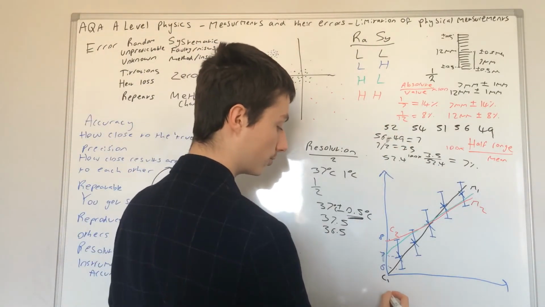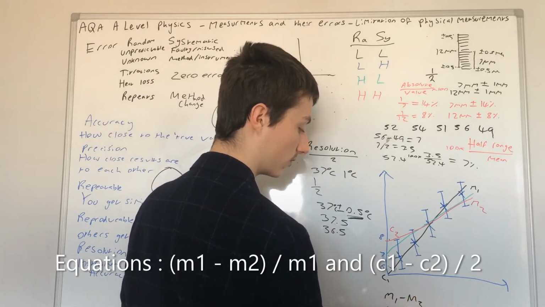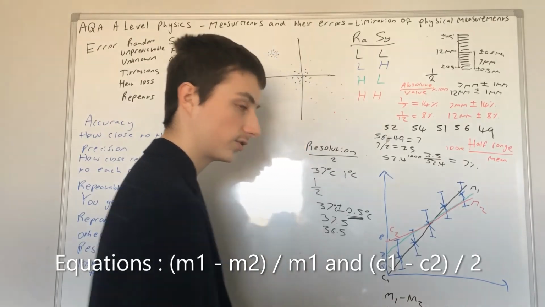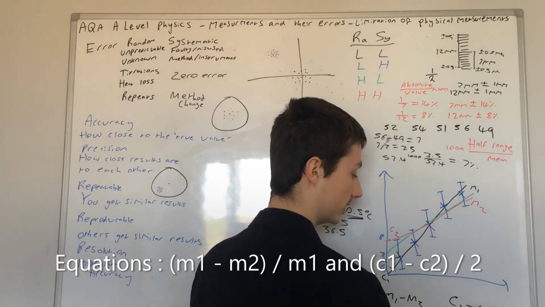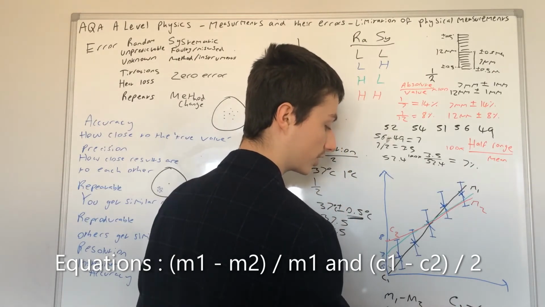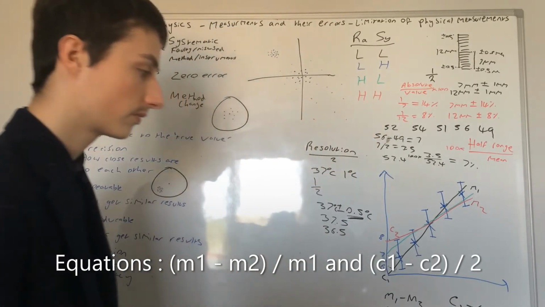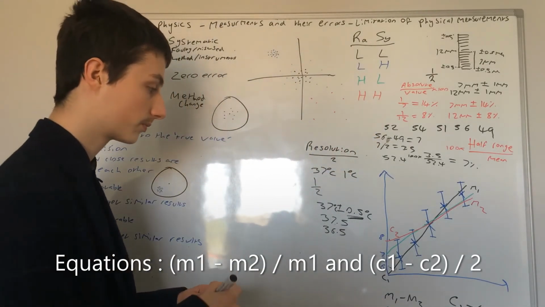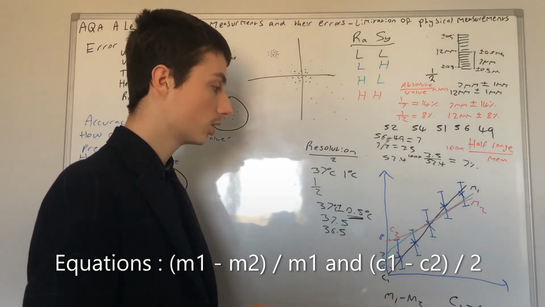We find the difference in the gradients and divide it by the gradient of the line of best fit. The same goes for the y-intercepts. And of course times by 100 to get percentage. That's probably off the board a bit, but it's M1 minus M2 over M1.